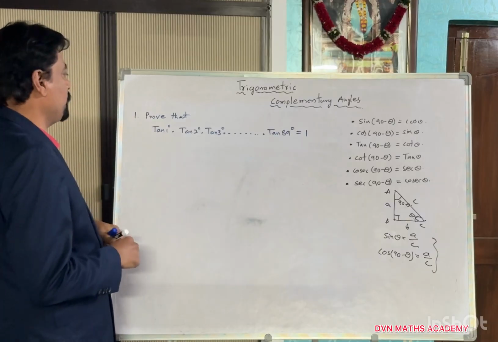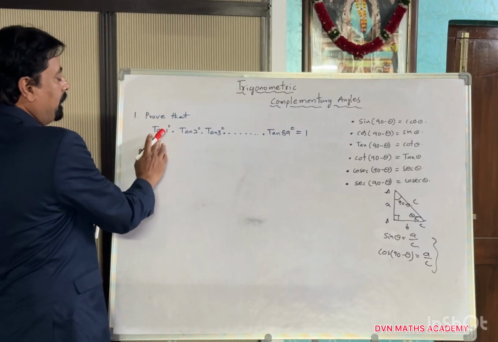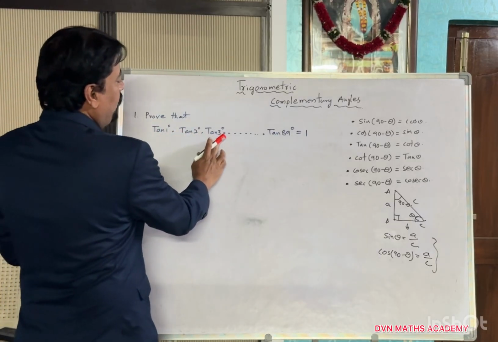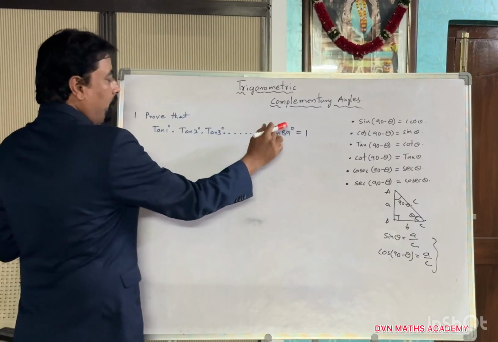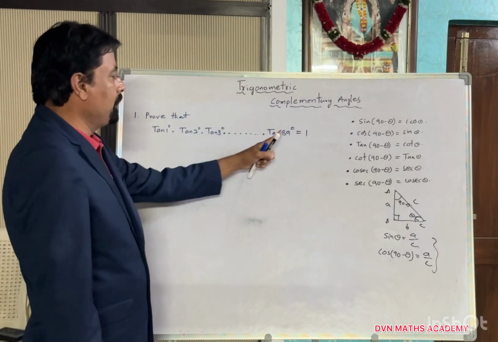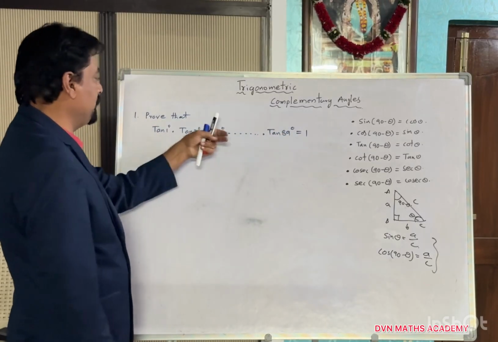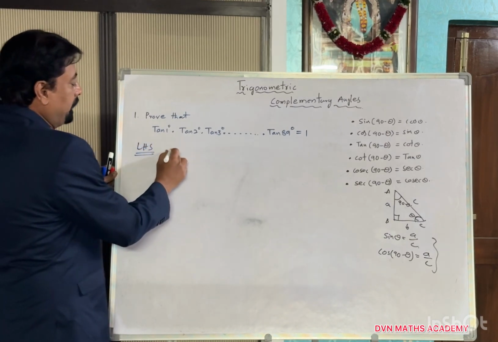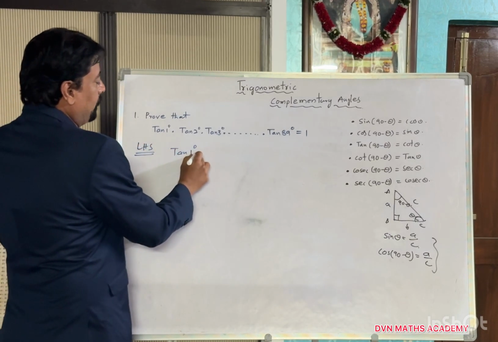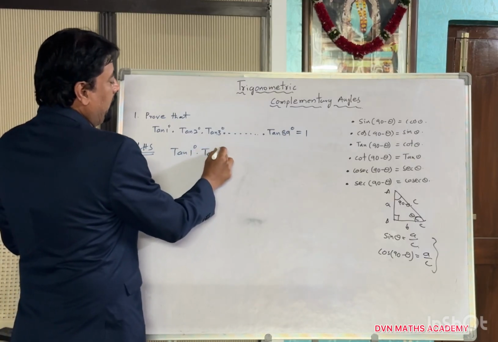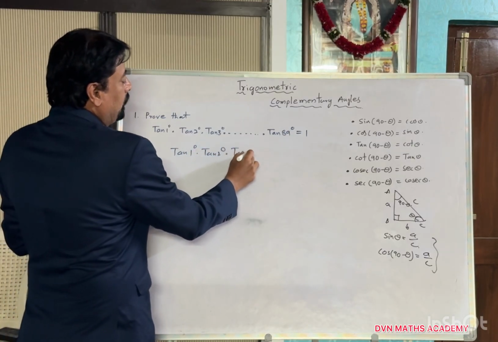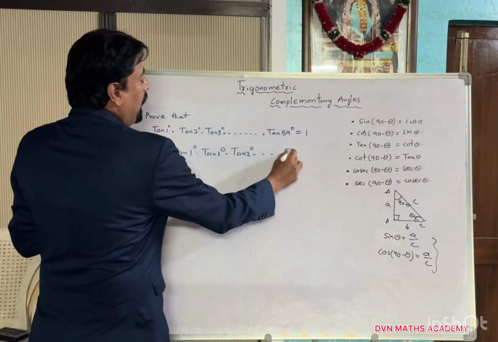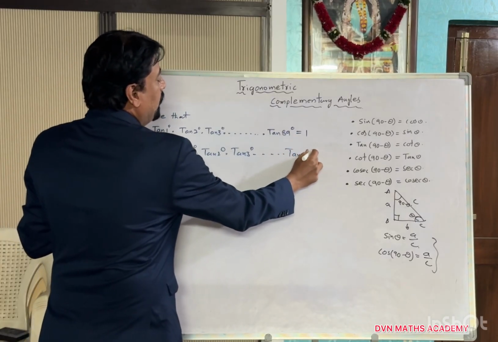If you see my first question, prove that tan 1 degree into tan 2 degree into tan 3 degree dot dot dot up to tan 89 degrees is equal to 1. We need to prove this. LHS is given as tan 1 degree into tan 2 degree into tan 3 degree dot dot dot tan 89 degrees.